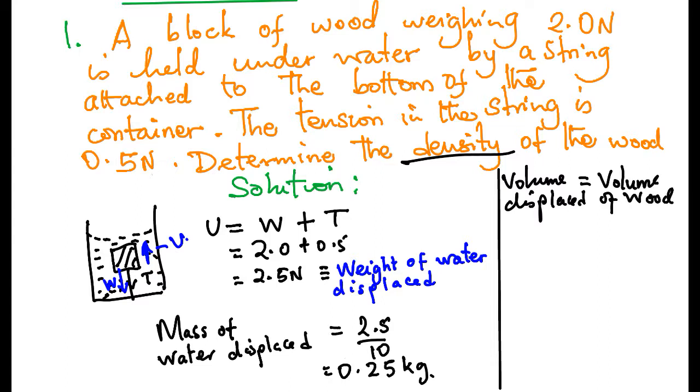Implying that volume of wood is equivalent to mass of water divided by density of water, which is 0.25 divided by 1000, which is equal to 0.00025 cubic meters.